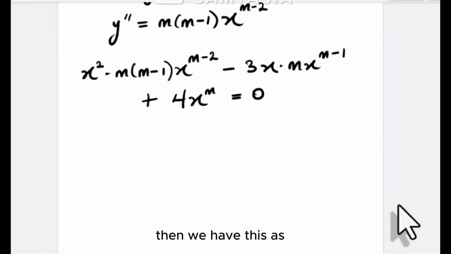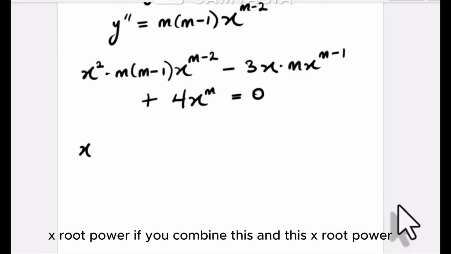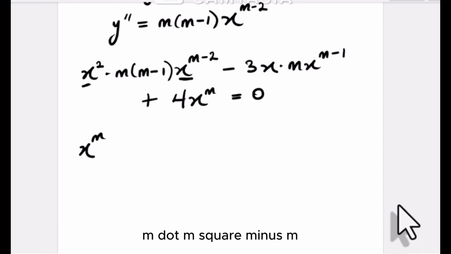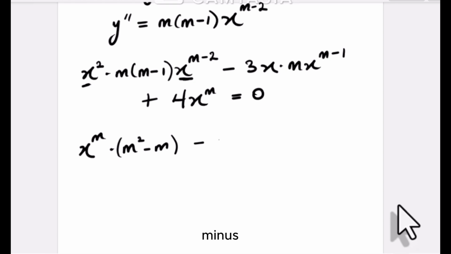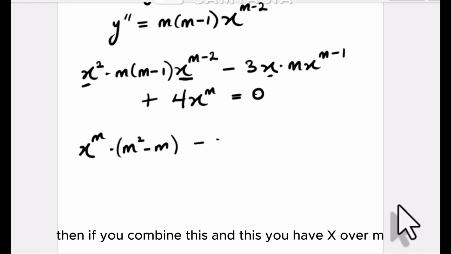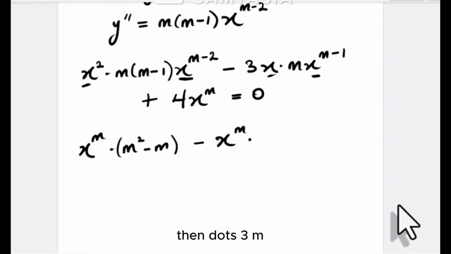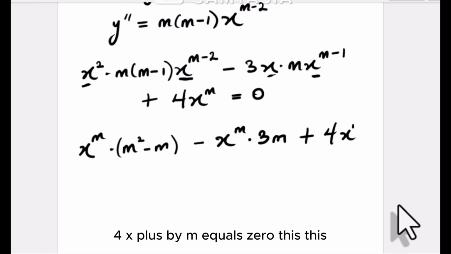Then we have this as x raised by m dot m squared minus m, if you combine this and this, minus, then if you combine this and this, you have x raised by m dot 3m, then plus 4x raised by m equals 0.